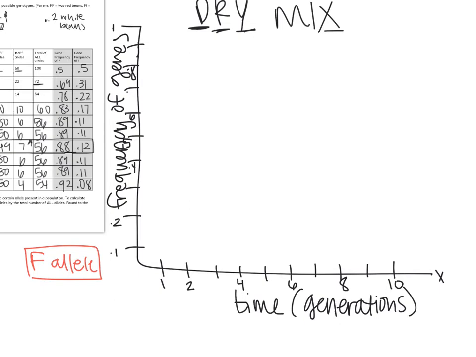In generation 1, the gene frequency was 0.5. In generation 2, the gene frequency was 0.69. In generation 3, the gene frequency was 0.78. Generation 4, it was 0.83.